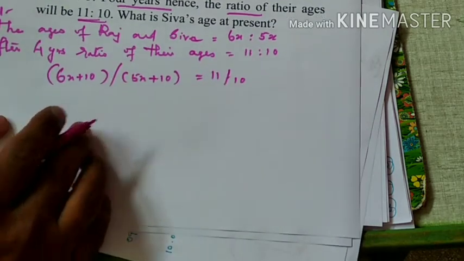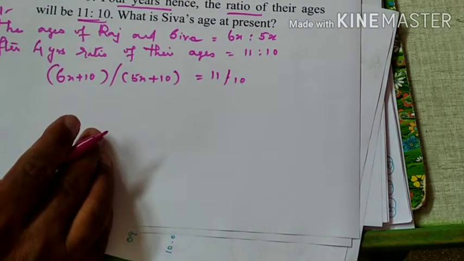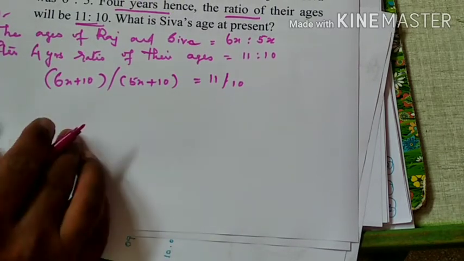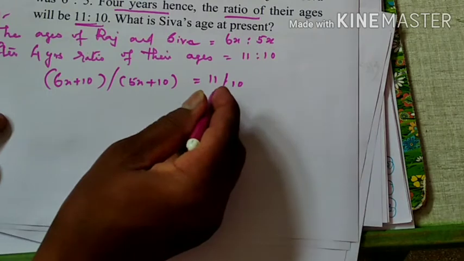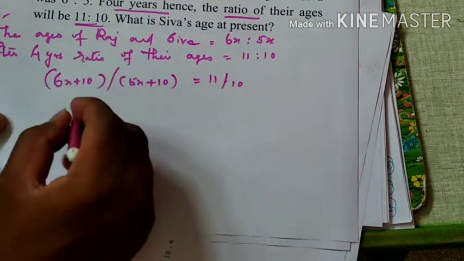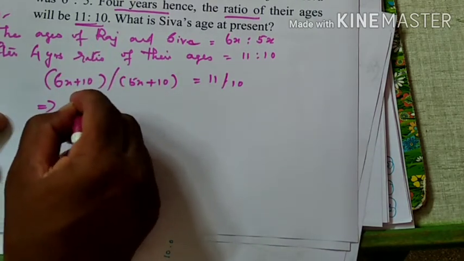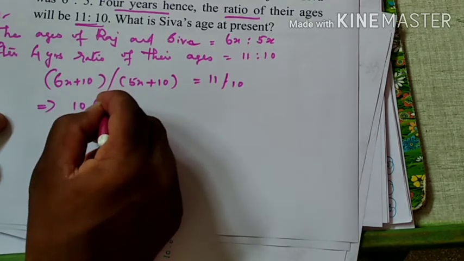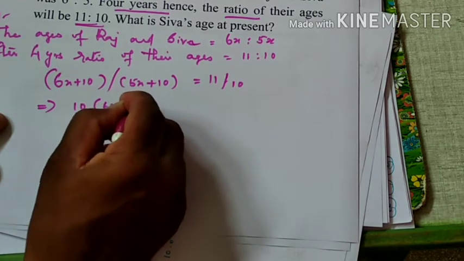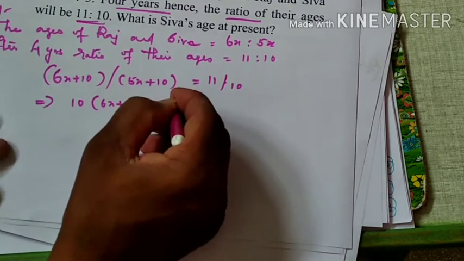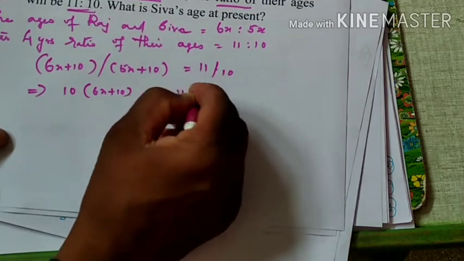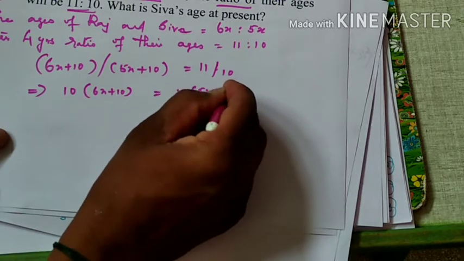We are going to cross multiply the two here. Now we can take that 10 to this side. This implies 10 into (6x plus 10) is equal to 11 into (5x plus 10).